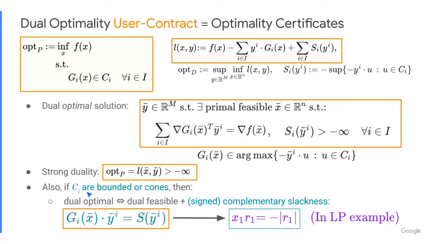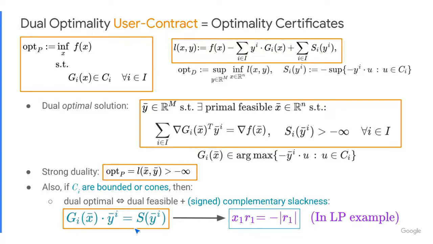But fortunately, if my sets are either a bounded set or a cone, then we can replace this weird thing with basically primal feasibility, the same constraint that I had for primal feasibility, and this stranger version, or signed version, of complementary slackness, which again looks like function times the multiplier. Nothing is so surprising there. I would expect a 0 here for complementary slackness, but the same way in the LP we had this absolute value constraint, now we're going to have this function s.